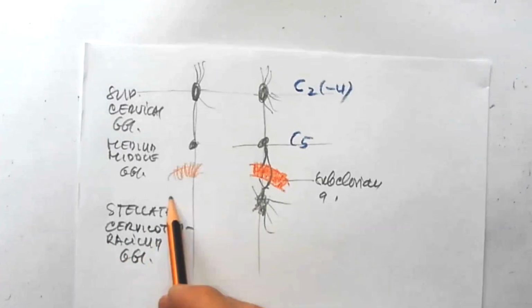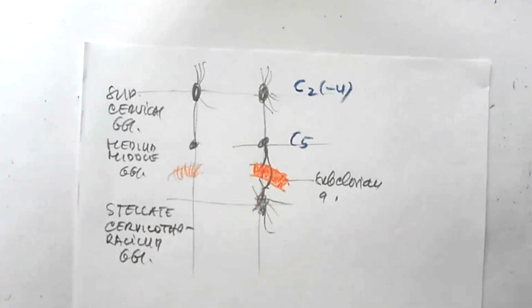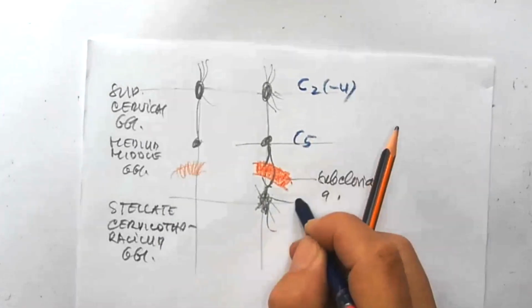Fine. This ganglion could be found usually at the level of C7.